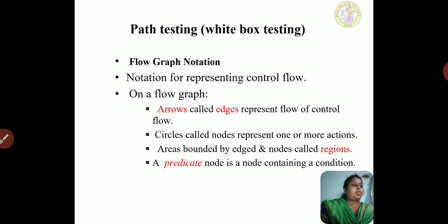In white box testing, the code is visible to the testers. Because it is visible to the testers, it can also be called by other names. It can be called clear box testing, open box testing, transparent box testing, code based testing, or glass box testing.